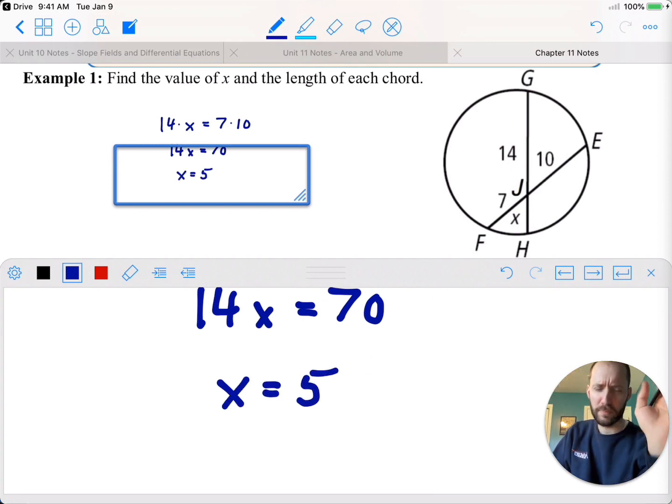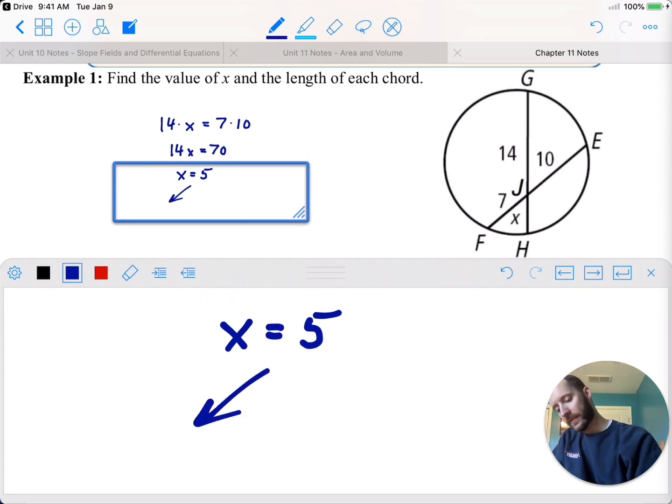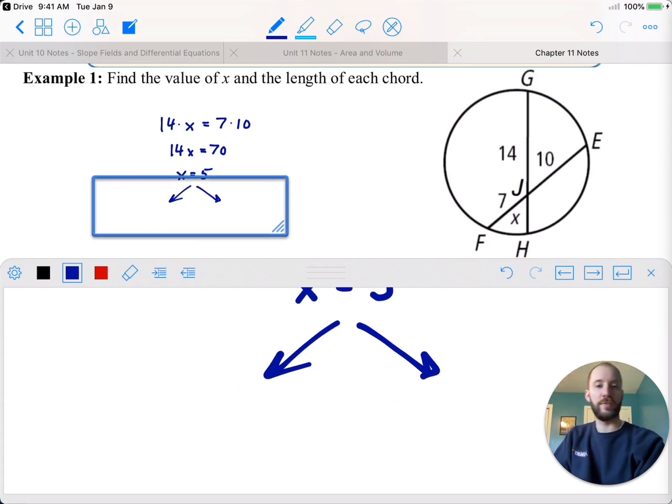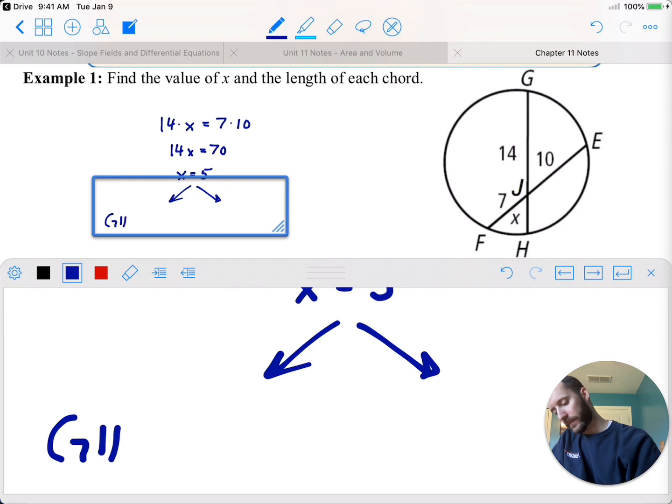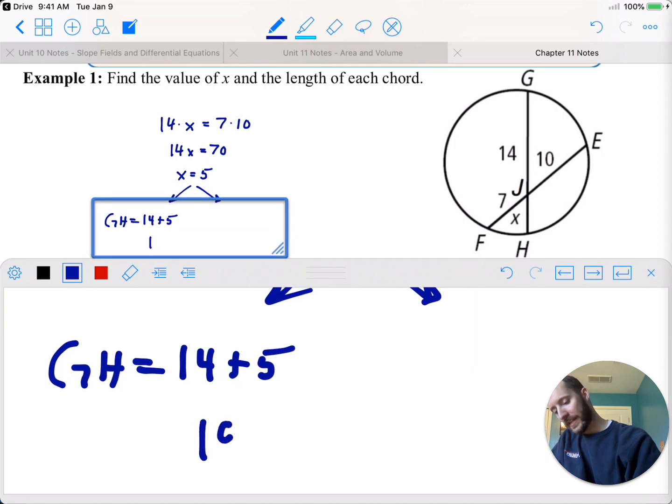Then be careful, please answer the question being asked. Find the length of each chord after you find x. So you have x. Finding the length of each chord, we have GH. That is 14 plus x, which is 5, so 19.